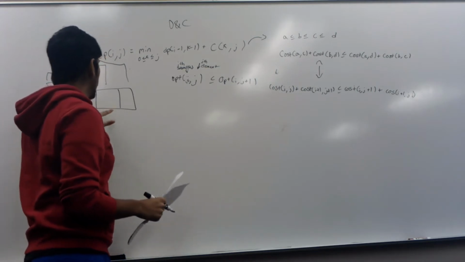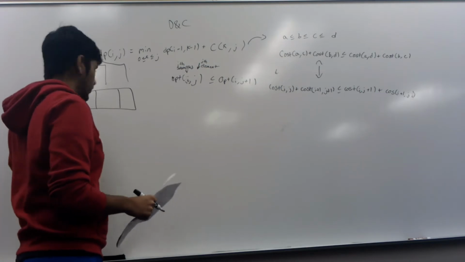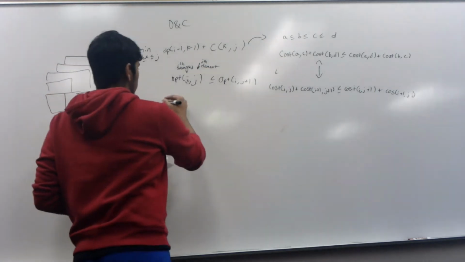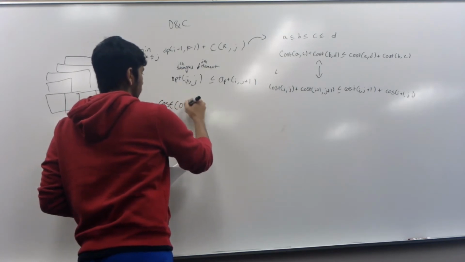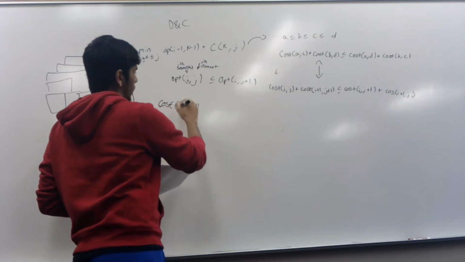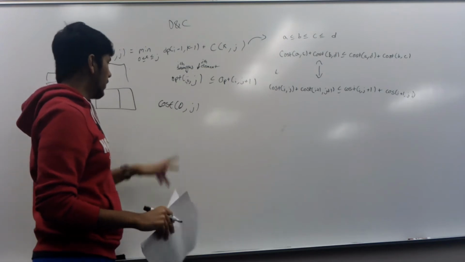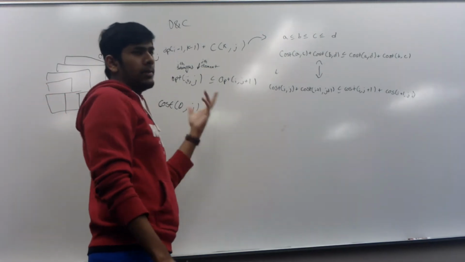For every index, you set its optimal transition to be the first element in the array. So you initially set it to be the cost of 0 to j. I see, because we're doing our DP looking backwards. Yeah, it'll be the entire prefix.